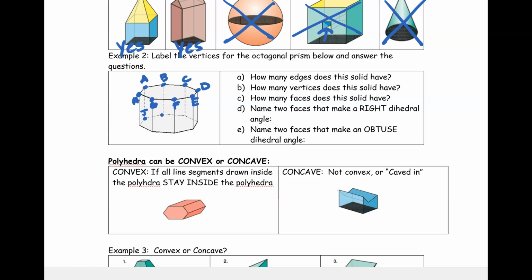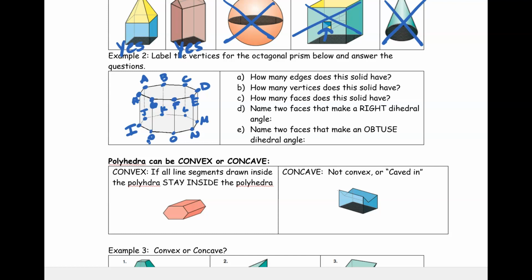So I'm going to call this J, K, L, M, N, O, P, oh, did I forget I? So I did. Let's call this one I. There we go. So we've got A through P. Perfect. So we want to label it so we can answer these questions. And if you already labeled it differently, that's totally fine.